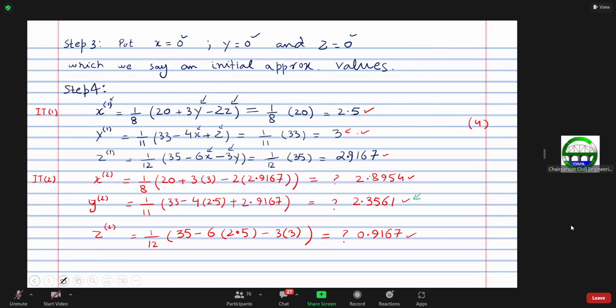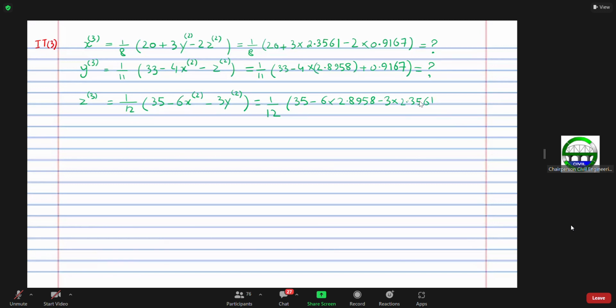What was the value? 0.3561. Right? Okay, so tell me the answer of this one, and this one. Okay, x3 is 3.1544, and then y3 is 2.0303, and z is equals to 0.8797.